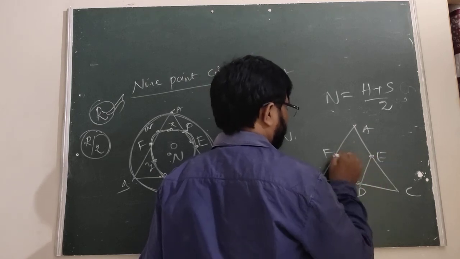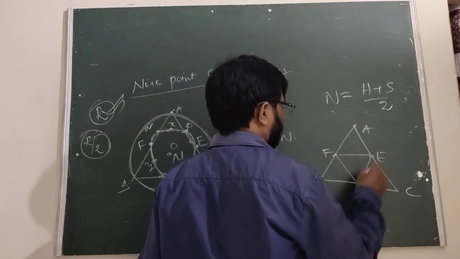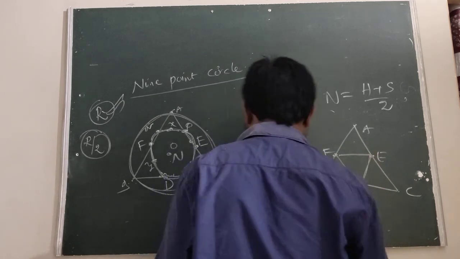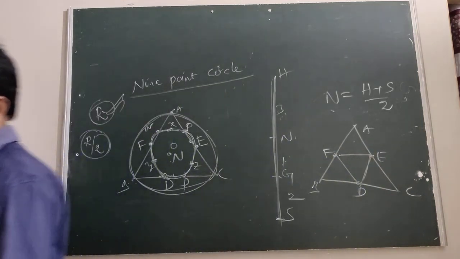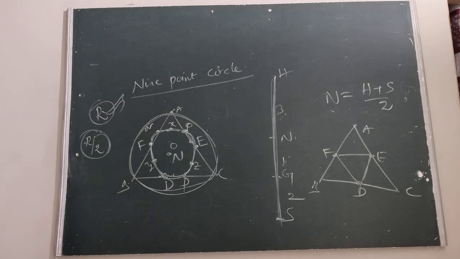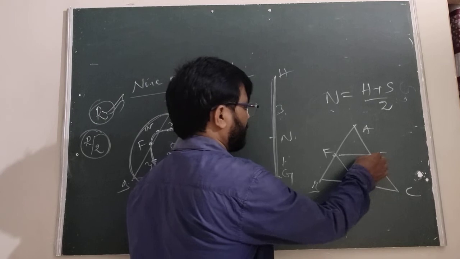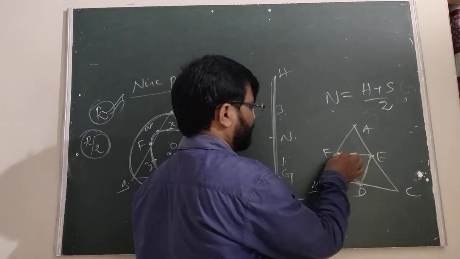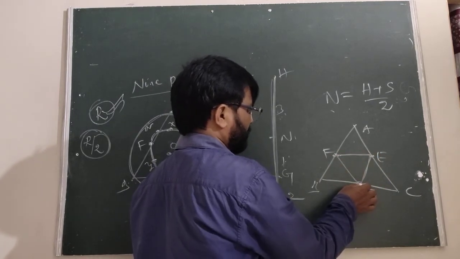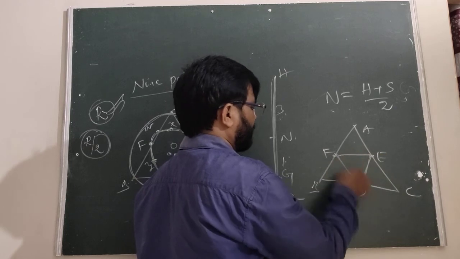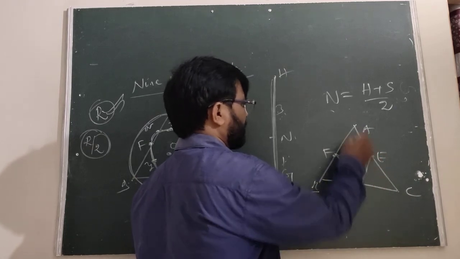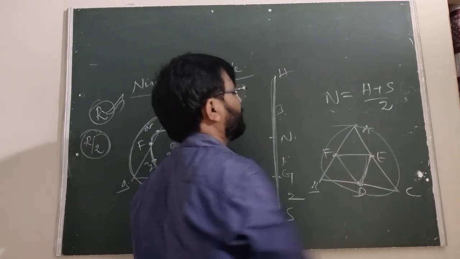Therefore, we can write that the orthocenter of DEF is the circumcenter of the triangle ABC. Is it clear? D, E, F are the midpoints of the sides of the triangle, and the orthocenter of DEF is the circumcenter of the triangle ABC.